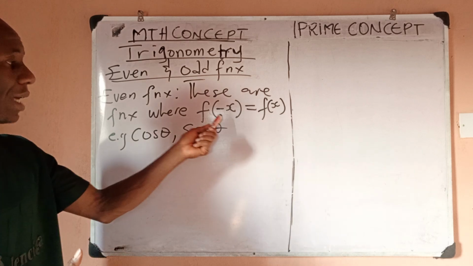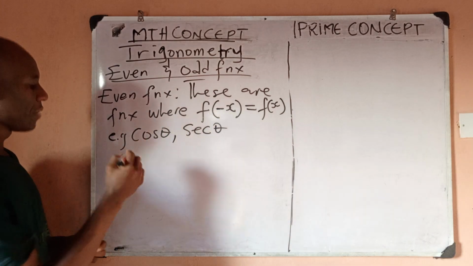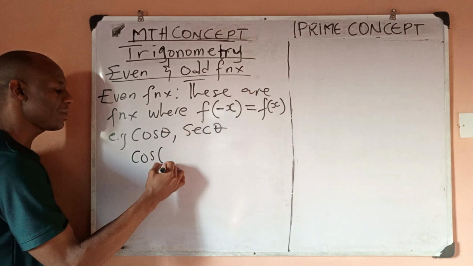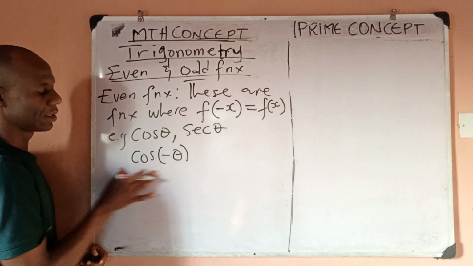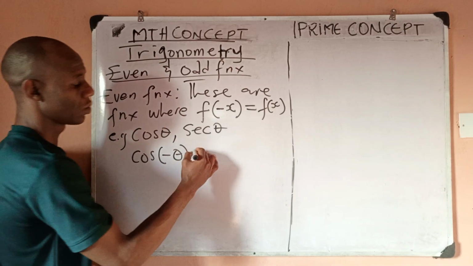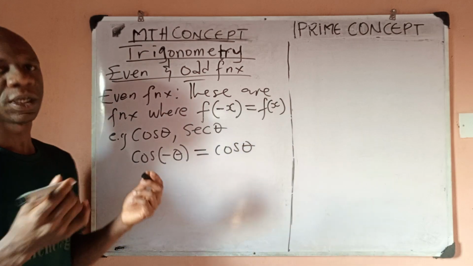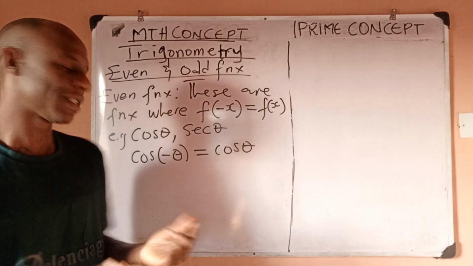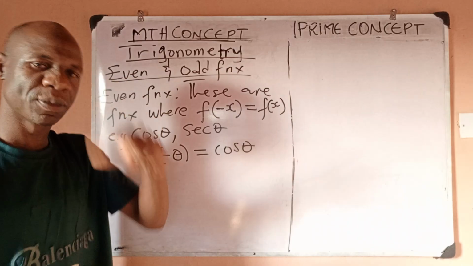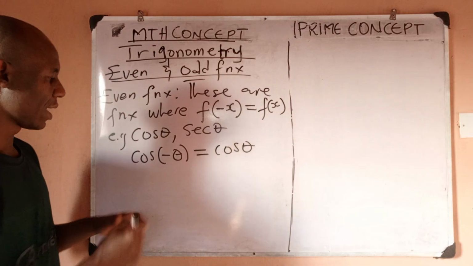So what do we mean by this definition? If I have cos negative theta, because it's an even function, this would give us the same result as cos theta, meaning that for a layman, we can just say that the cos function absorbs the negative sign.